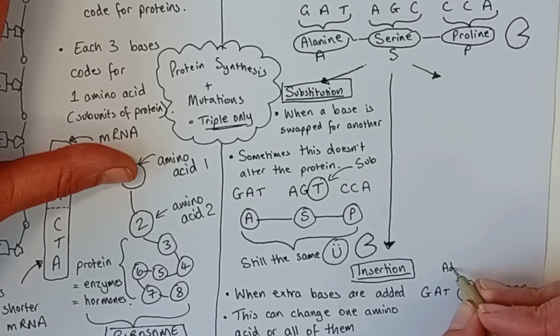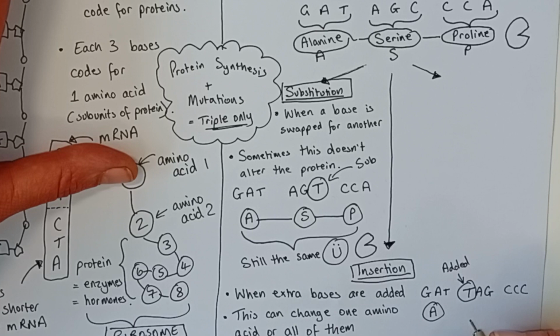So in this insertion here, that one's being added. This one starts off the same, still codes for amino acid A, but this time TAG is wrong. It codes for tyrosine, amino acid T, not amino acid S, so it's wrong. CCA codes for proline, but now we've got CCC, which might code for a different amino acid.